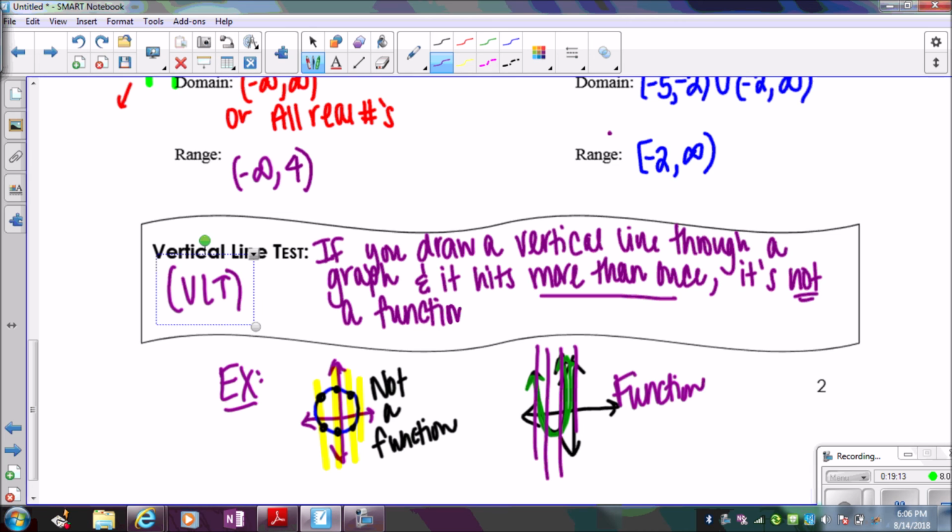That's what the vertical line tests. And it only works really for graphs if you're graphing it.